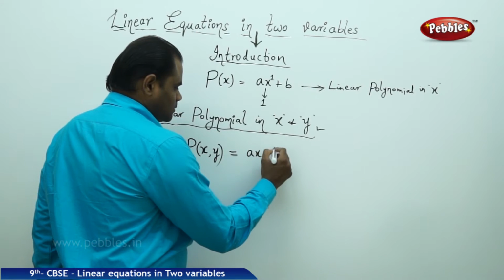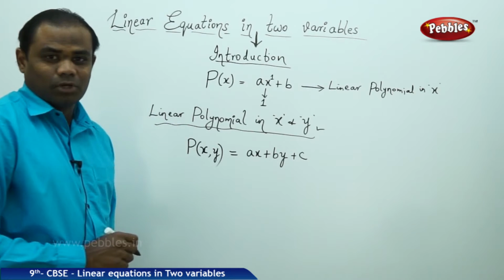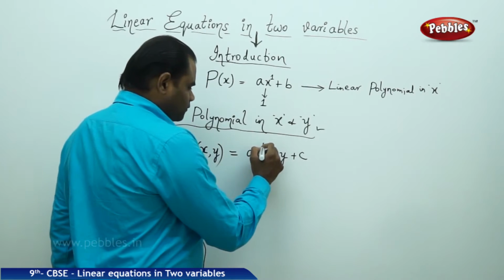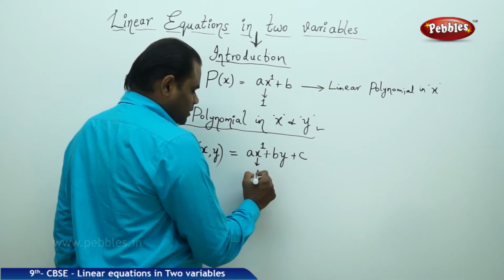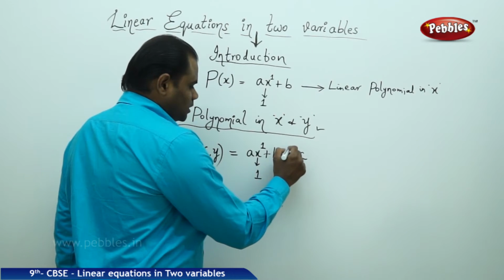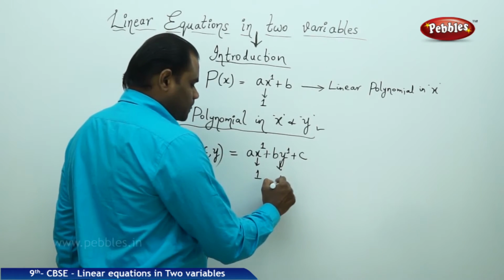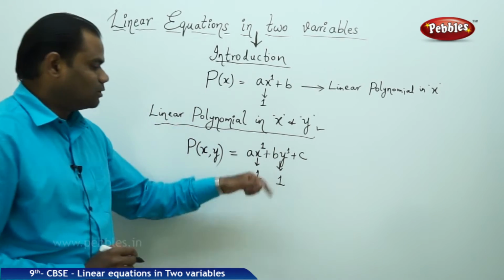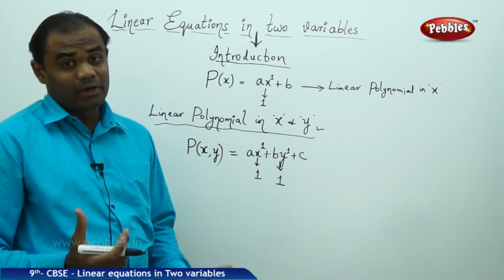So a linear polynomial in two variables x and y, unlike the one variable x, is defined to be ax plus by plus c, because each of the terms has degree 1, with variable x here being degree 1 and this term equally having the degree as 1. Therefore, such a polynomial is called a linear polynomial in two variables.